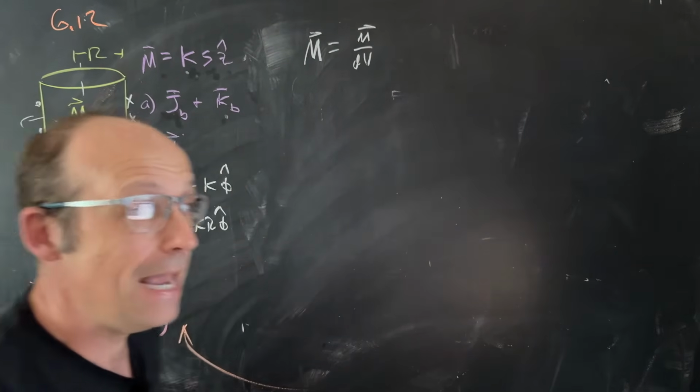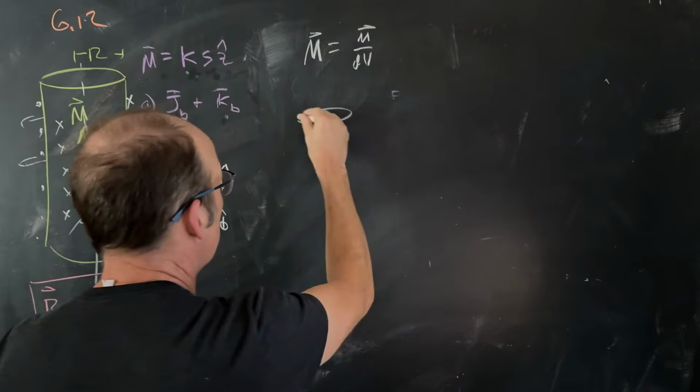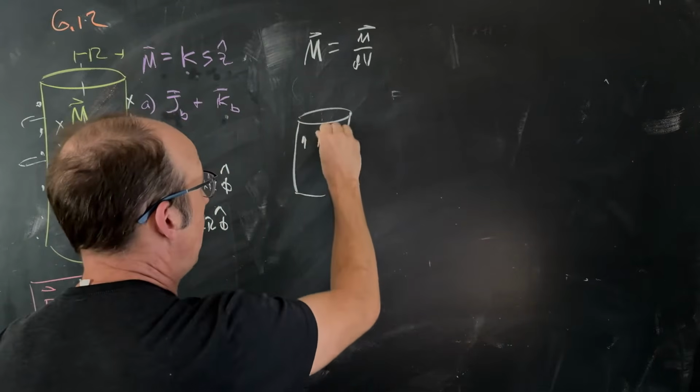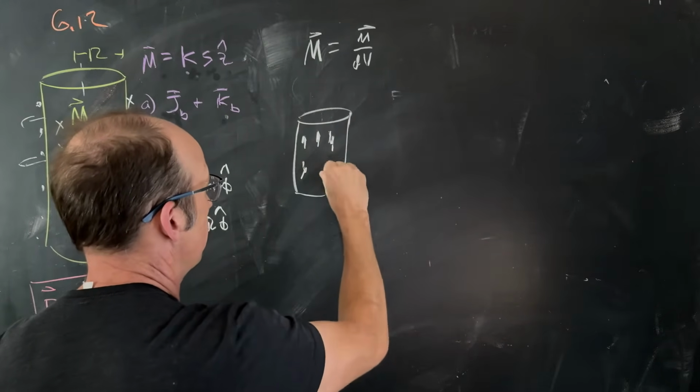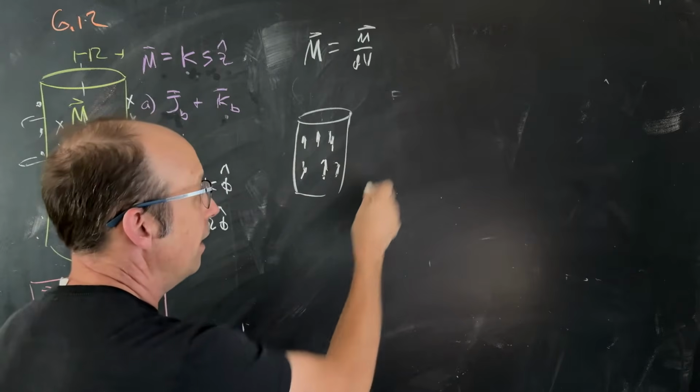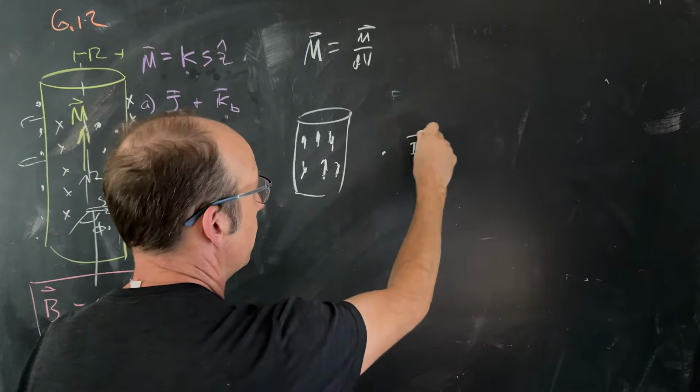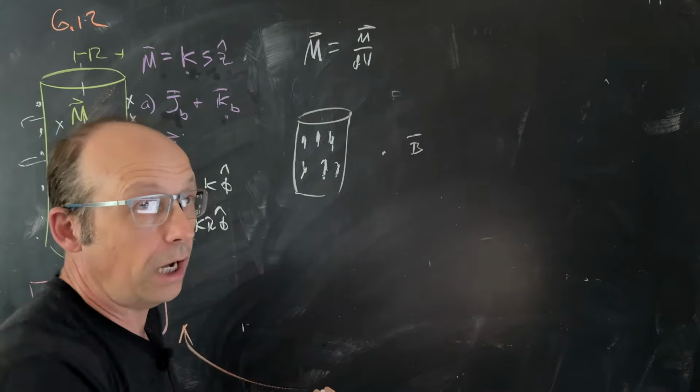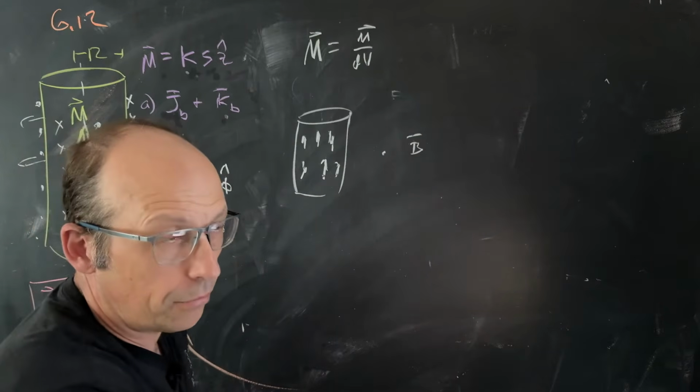So can I make a cylinder with a bunch of magnetic dipoles and then calculate the magnetic field using the magnetic field due to a dipole and just do it for all of those dipoles, sum it up.